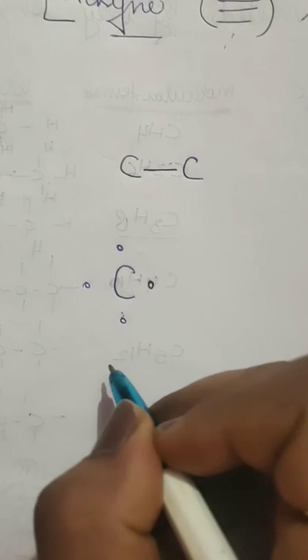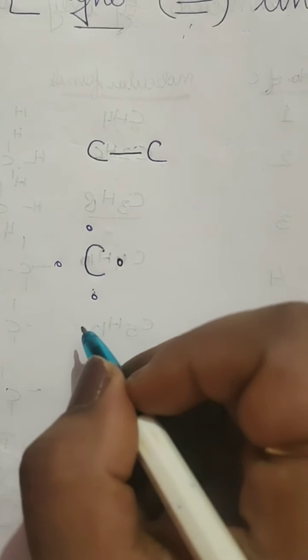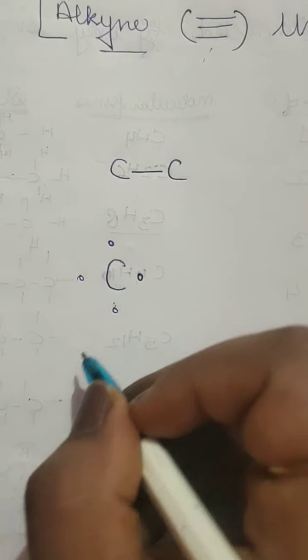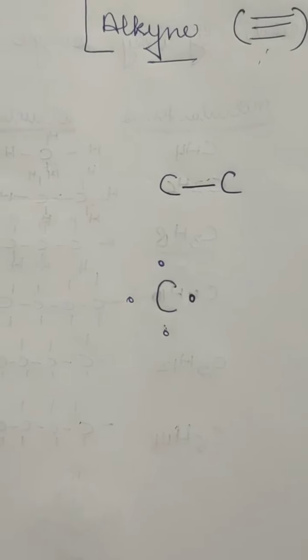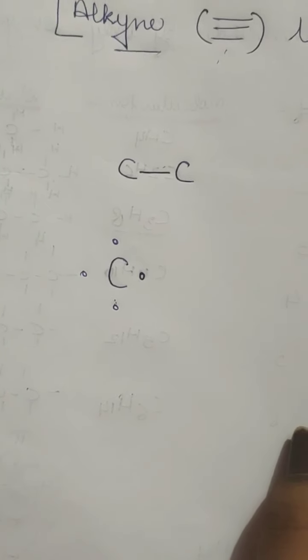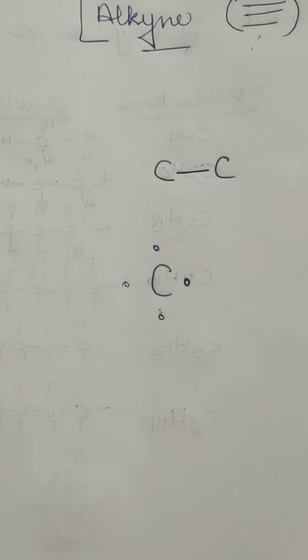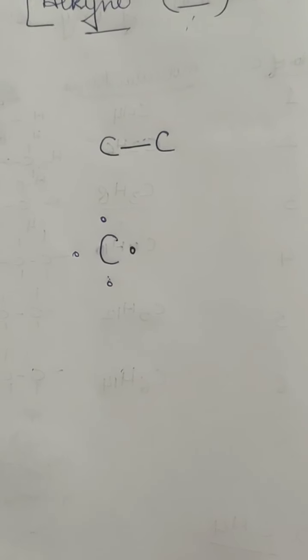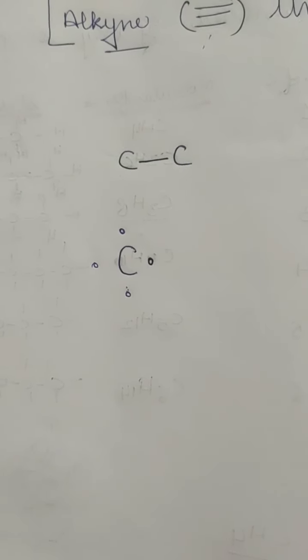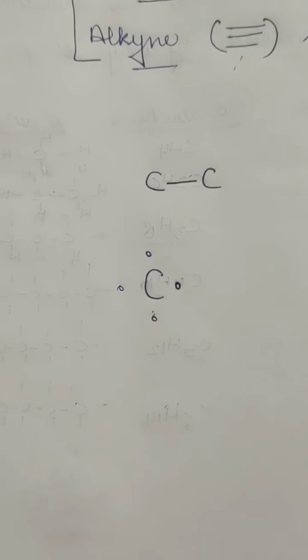To complete its octet, this carbon atom needs 4 more electrons, and we have read that carbon cannot take 4 electrons from any other atom because the positively charged nucleus will not be able to hold 4 extra negative charges. It also cannot give away 4 electrons because of the force of attraction; the positive charge of the nucleus will attract the negative charge, and it will not be able to give its 4 electrons.